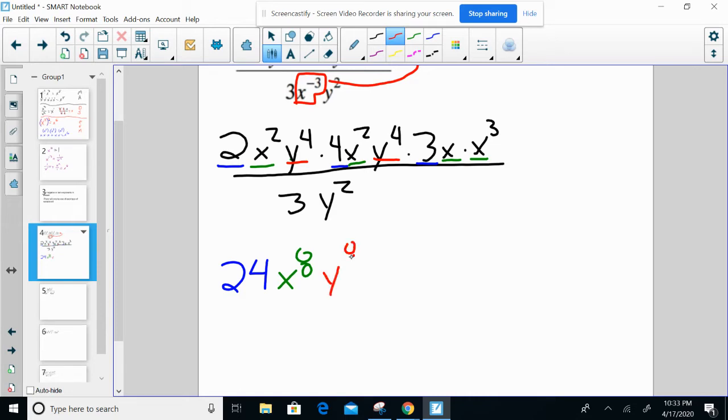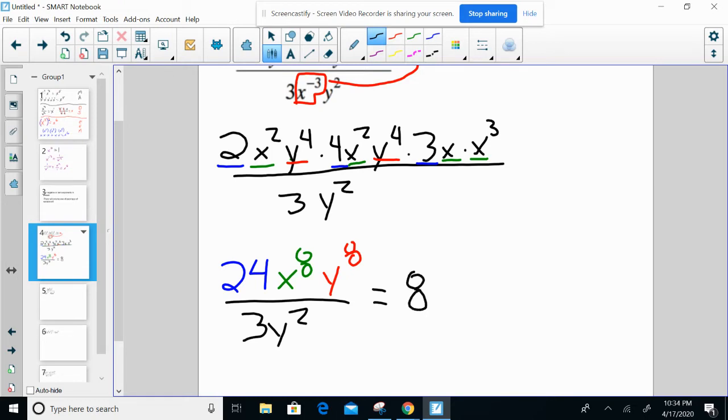And so that's our rule: when we multiply, we add the exponents. We're going to use the divide part for the bottom, because the bottom's going to stay the same for now. But when we divide, we subtract the exponents. Numbers still divide like numbers. 24 divided by 3 is 8.